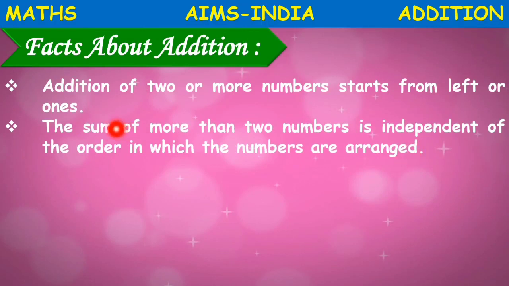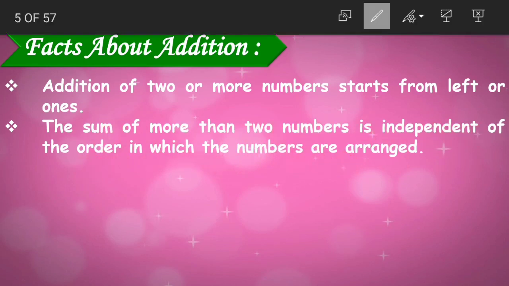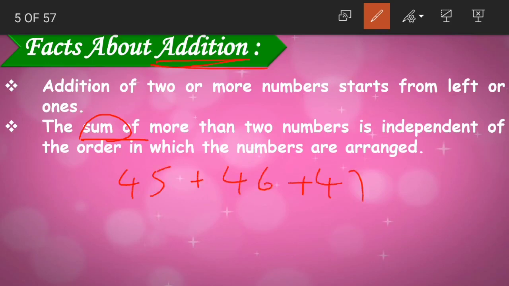The next fact is the sum of more than two numbers is independent of the order in which the numbers are arranged. What are they saying here? The sum. So again, sum means what? Sum means addition of two or more than two numbers, like 45 plus 46 plus 47, is independent of the order in which the numbers are arranged.